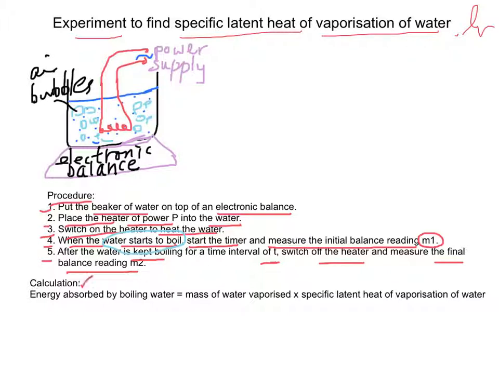Now, in the calculation, we have energy absorbed by the boiling water equal to the mass of water vaporized times the specific latent heat of vaporization of water.